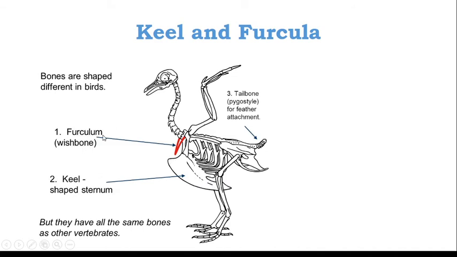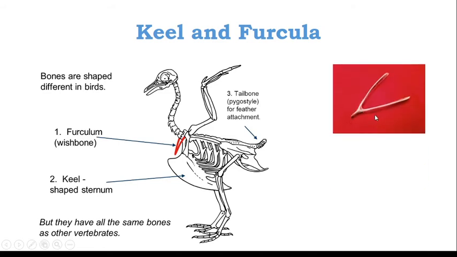The second one is the furcula. The furcula is nothing but the clavicles of the two pectoral girdles fused ventrally, forming a V-shaped structure called the furcula, or also called the wishbone. These two are the clavicles, and this is the interclavicular region.